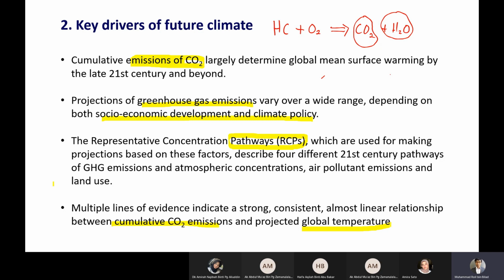Well, it sounds like if you have CO2 accumulation, then probably you'll have an increase in global temperature. Well, that's it. But for us, the engineers, the ones who learn science, we understand how important temperature is on a lot of things, most importantly on the reaction.